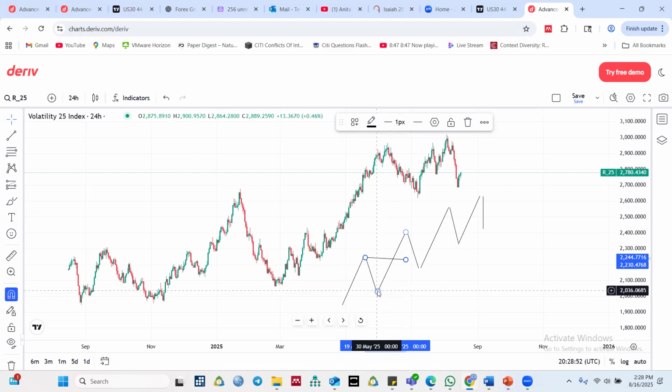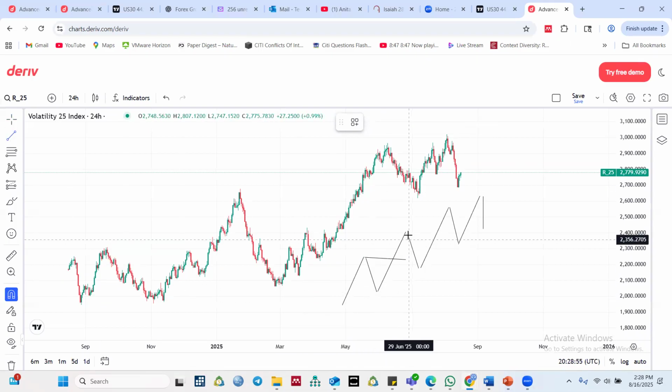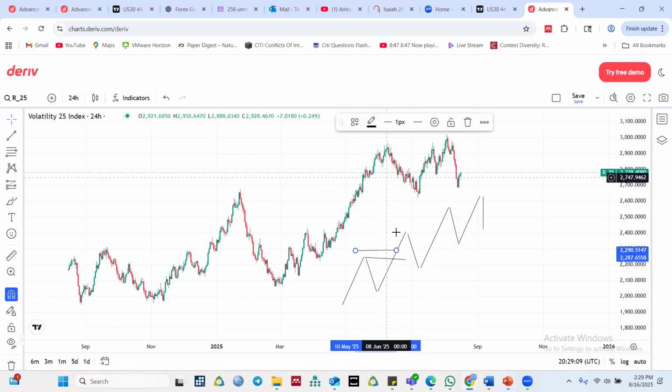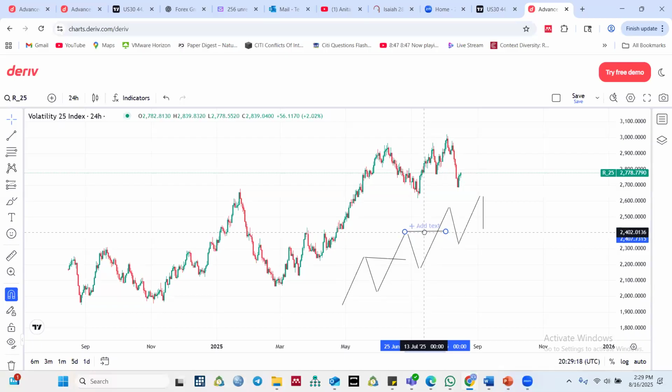The moment price moved from down here and took it out up to this point, we can call this break a shift or a break of structure, normally called BOS. This guides you and helps you to know the characteristics of the bullish market. So we have another break of structure here and another break of structure here.